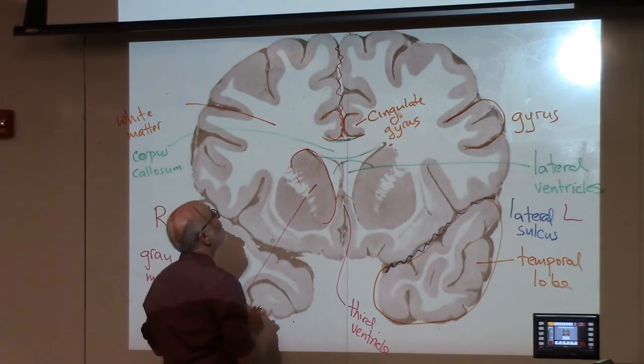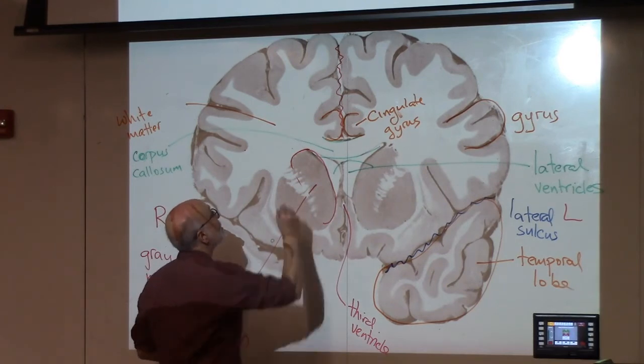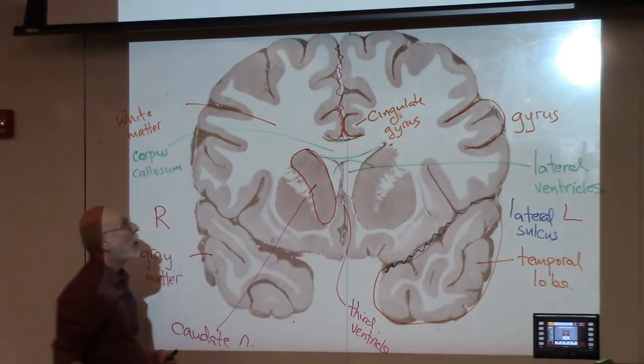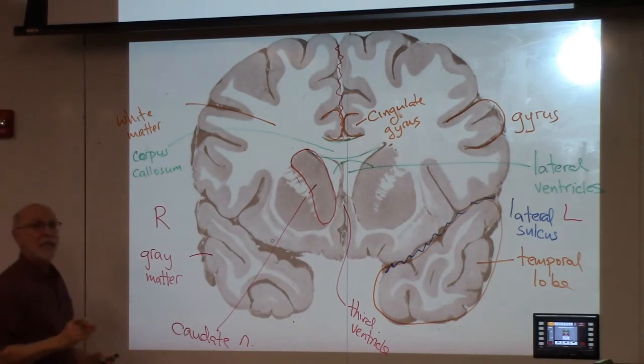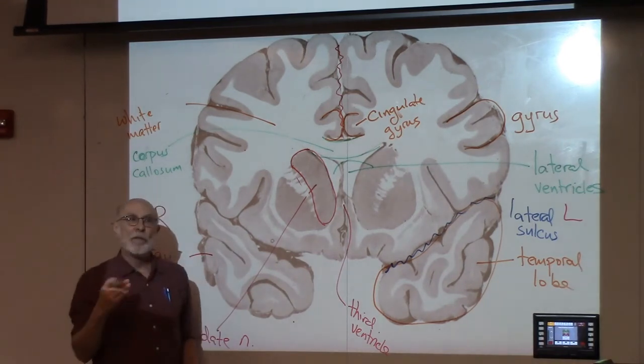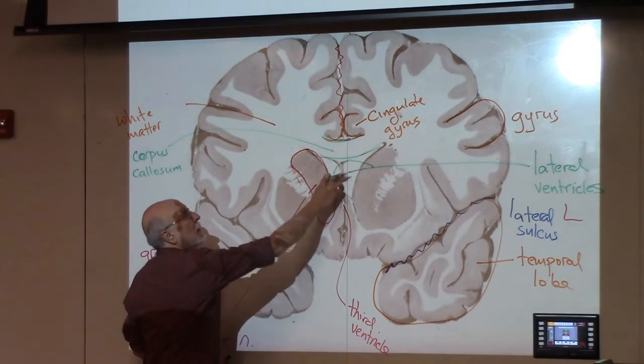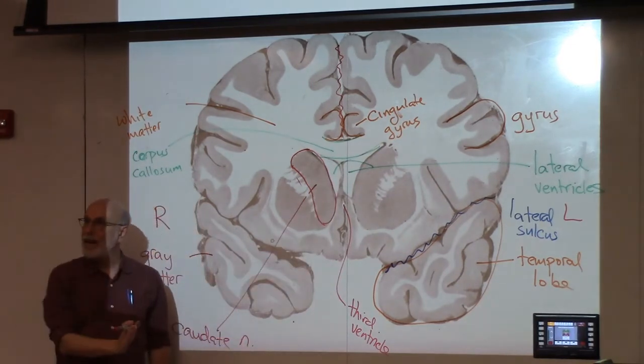The gray matter, not the white matter that's slicing through it, is the caudate nucleus. Your landmark for the caudate is that it borders the lateral ventricle when we're anterior.